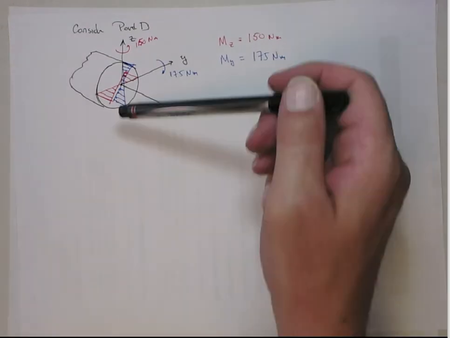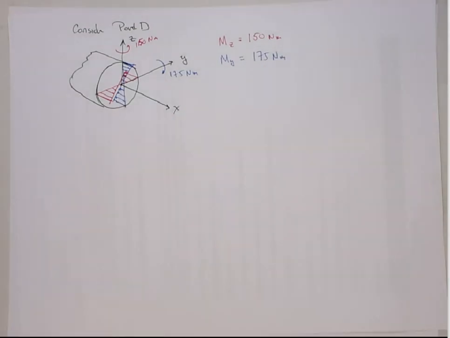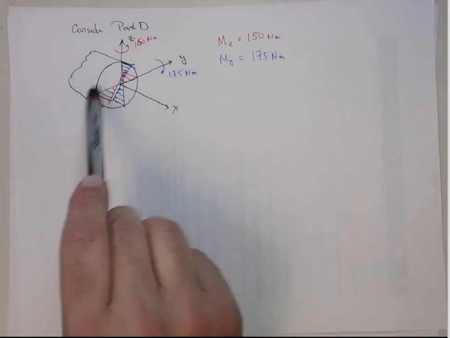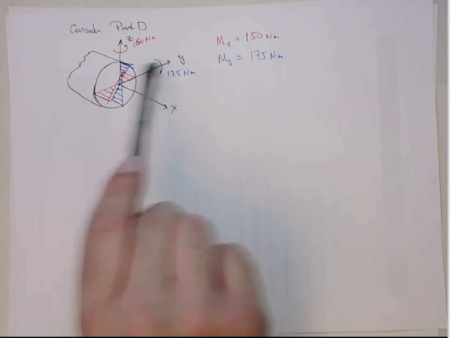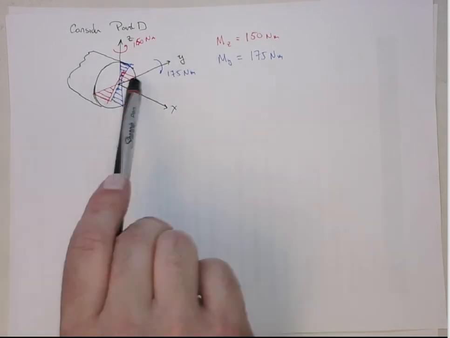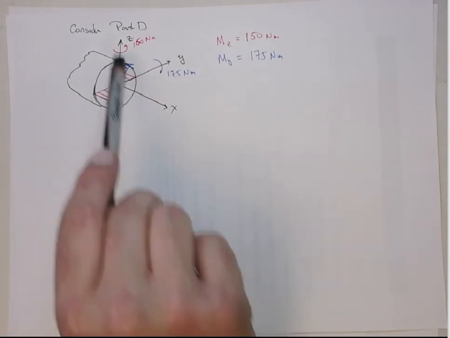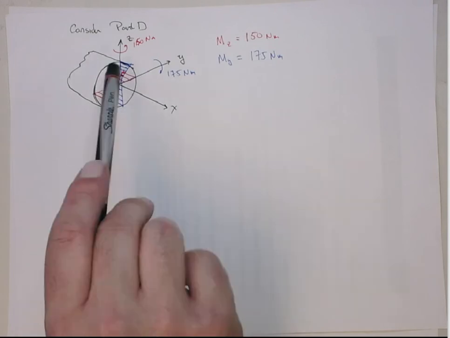And likewise, just consider 3 o'clock and 9 o'clock, you're going to have stress only from the moment about the z-axis, and that's the neutral axis for the bending about the y-axis.